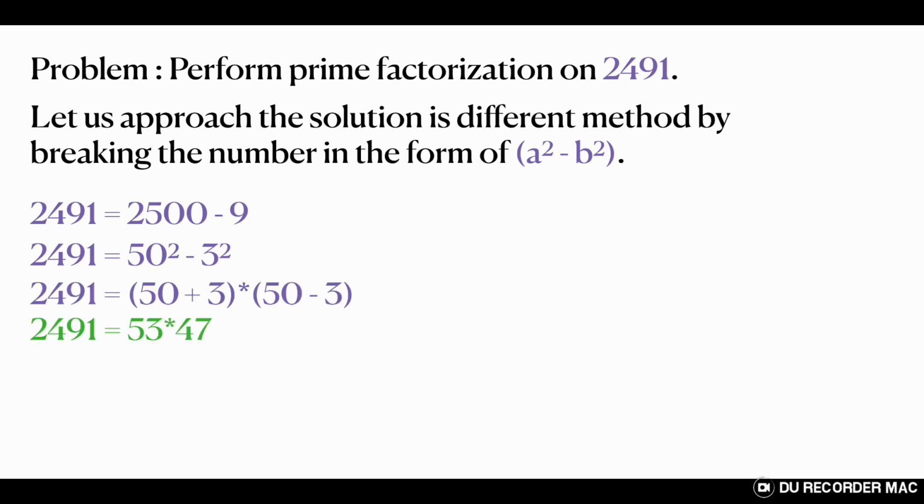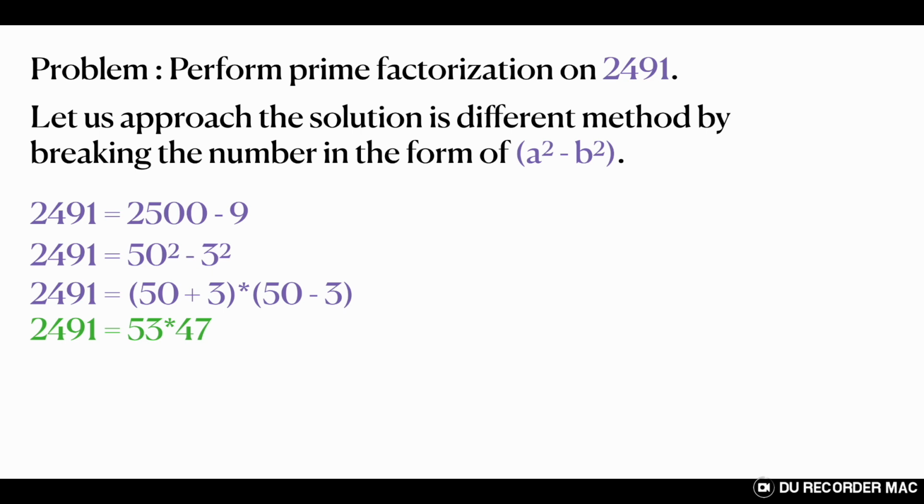And by applying a square minus b square, that comes out to be (a plus b) and (a minus b), we can convert it into 50 plus 3 and 50 minus 3, which will then be written as 53 into 47.